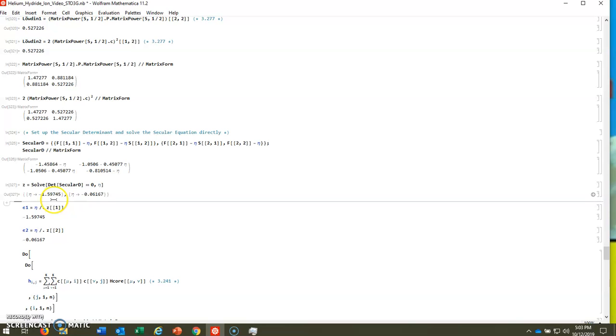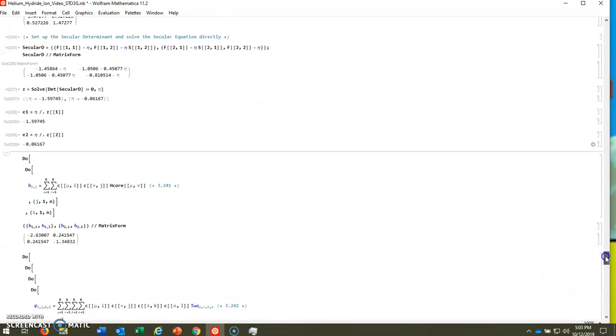And it gives me our values here, our eta 1, eta 2 values. There they are, negative 1.5906. So just another way of getting those.